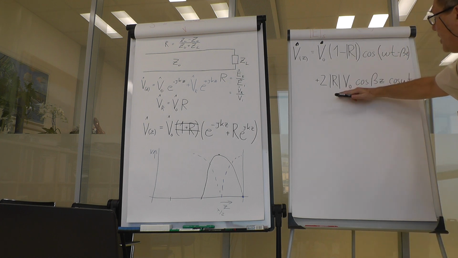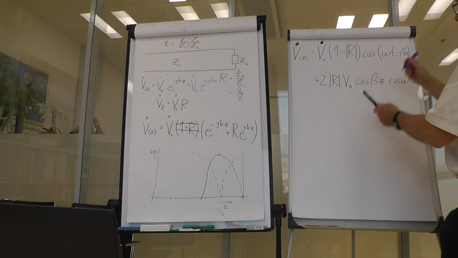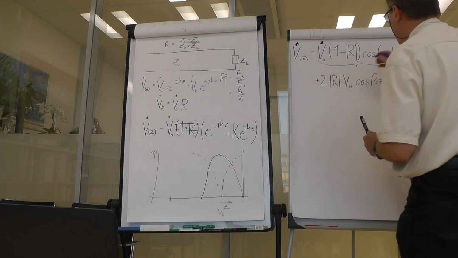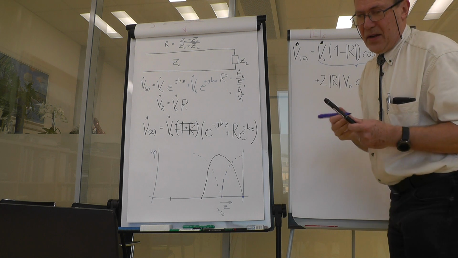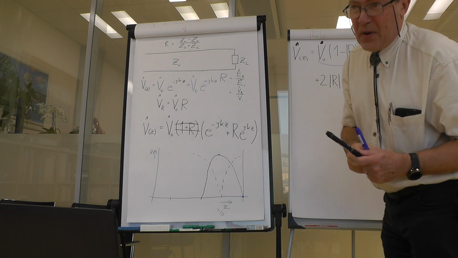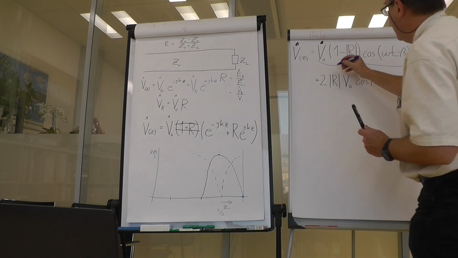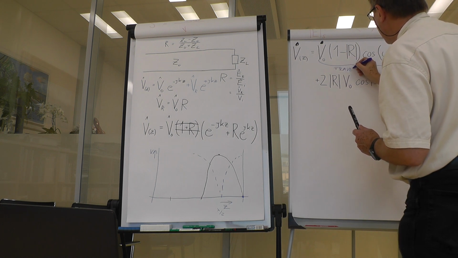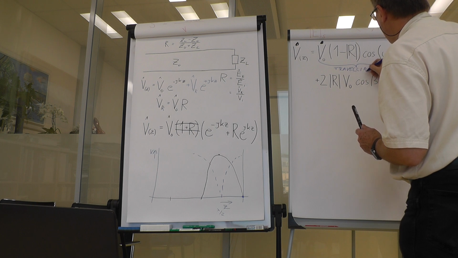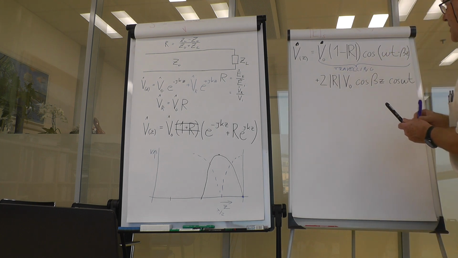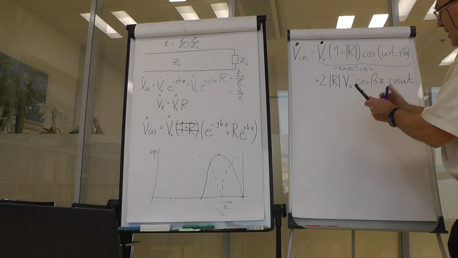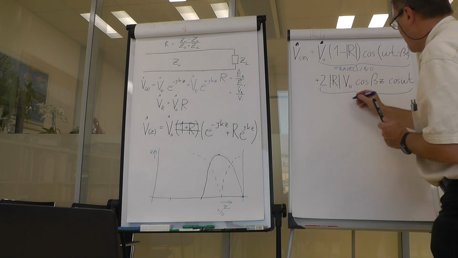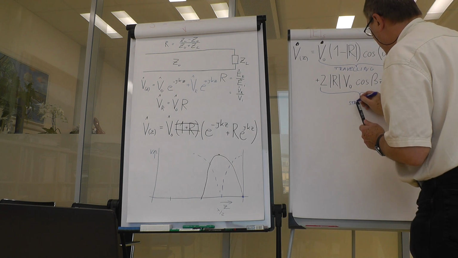Now there is an additional term. So this is, let's call it, a standard traveling wave. Let's call it traveling. And in addition to that, we have another term which is standing.